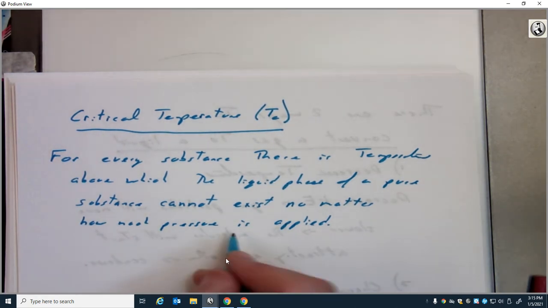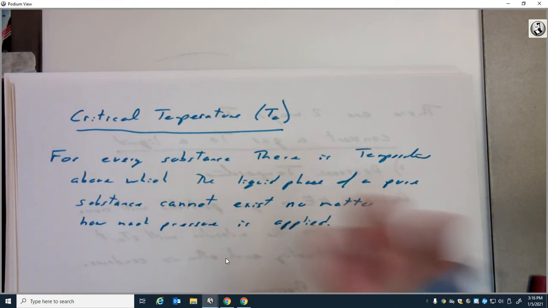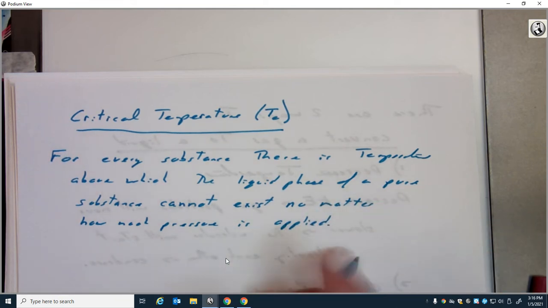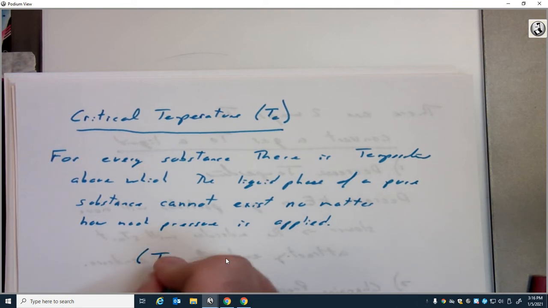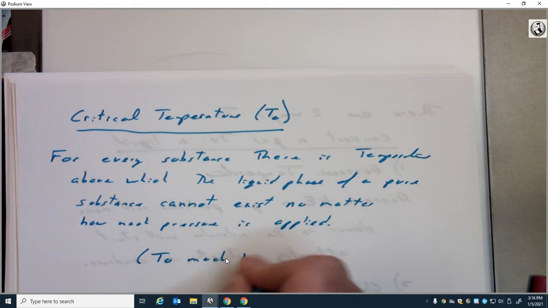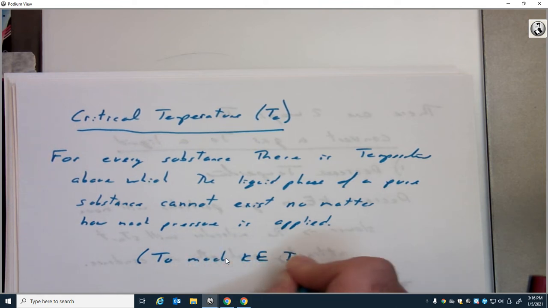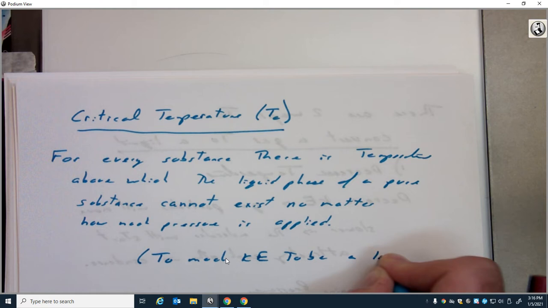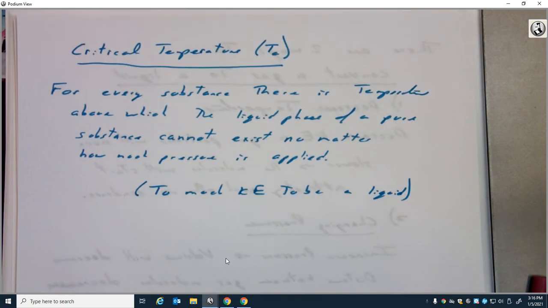So there's some point with every substance that would give it enough kinetic energy that no matter how much pressure there is, it will automatically be a gas. There's just too much kinetic energy to be a liquid. Then there's something called critical pressure.